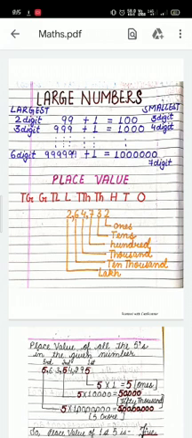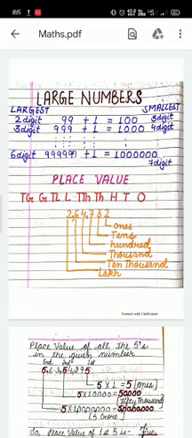So, largest two-digit number is 99. When we add 1 in the largest two-digit number, we get smallest three-digit number, which is 100. Similarly, if we add 1 in the largest three-digit number, 999, we get 1000, the smallest four-digit number.